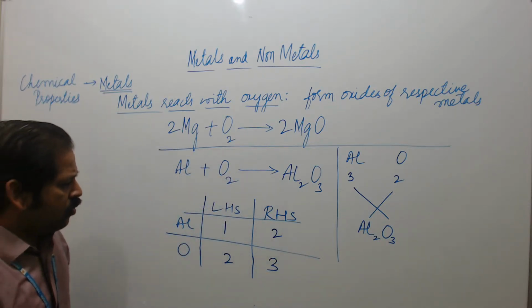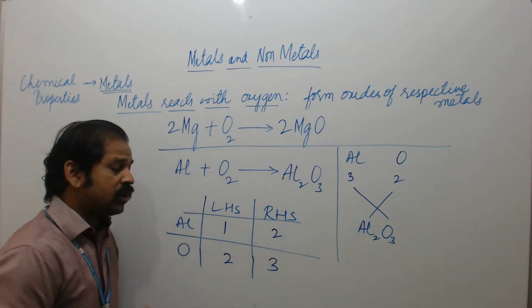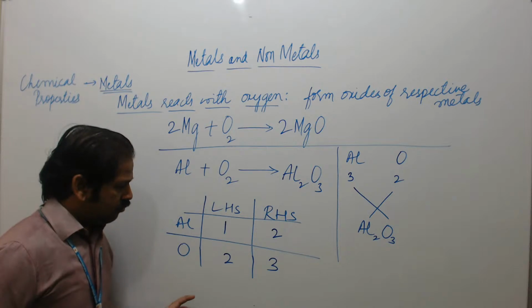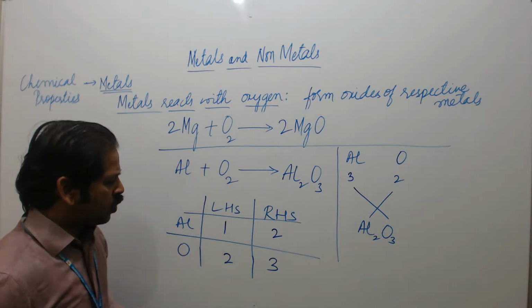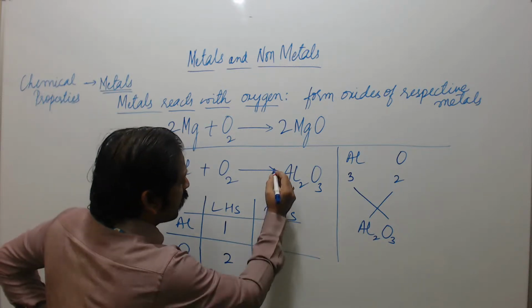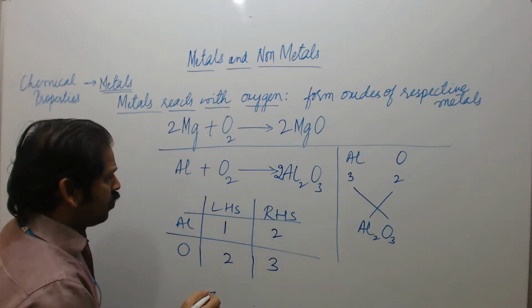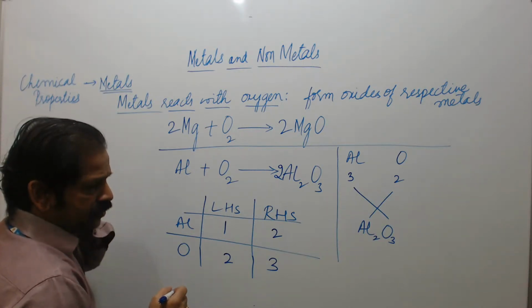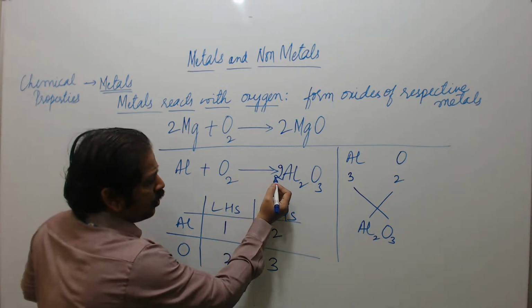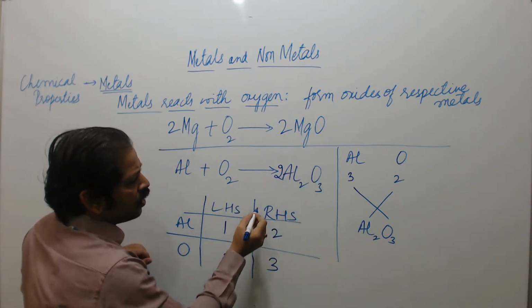Now aluminium is easy to balance because 1 and 2 are there. But oxygen, before the reaction it is 2, after the reaction it is 3, which is odd. So I'll take 2 here, 2Al2O3.